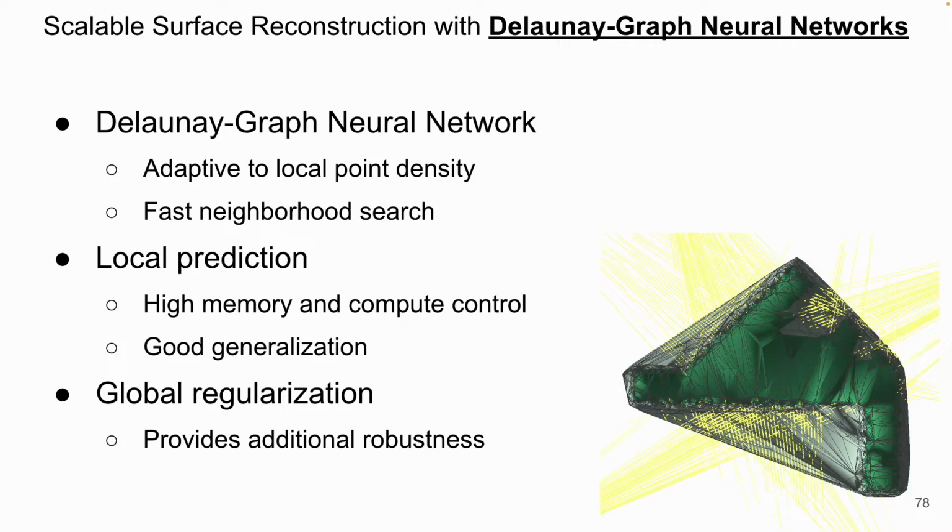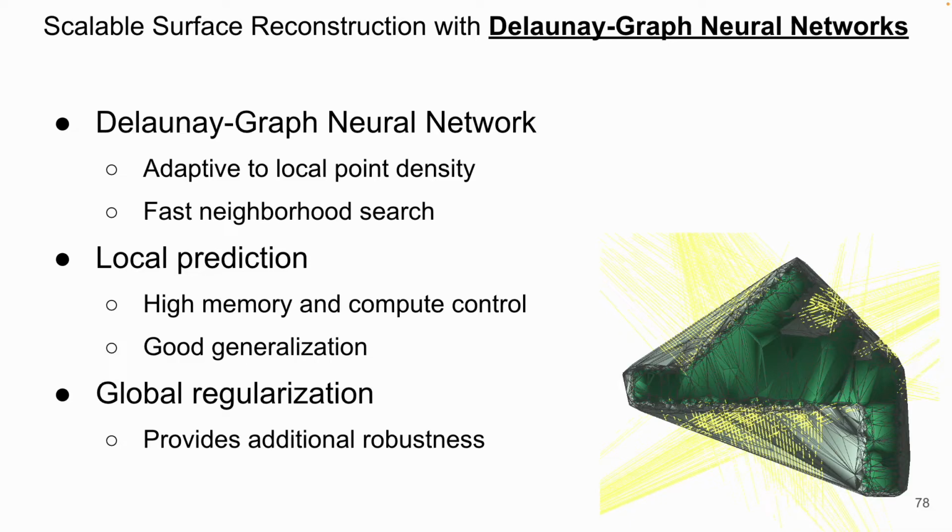So to make a first conclusion, we use what we call a Delaunay-Graph neural network, DGNN. So a graph neural network operating on the dual graph of a Delaunay triangulation. Now the Delaunay triangulation has the benefit of being adaptive to the local point density and providing a data structure that enables a very fast neighborhood search.